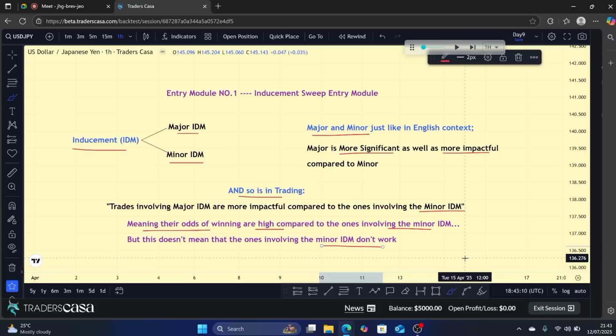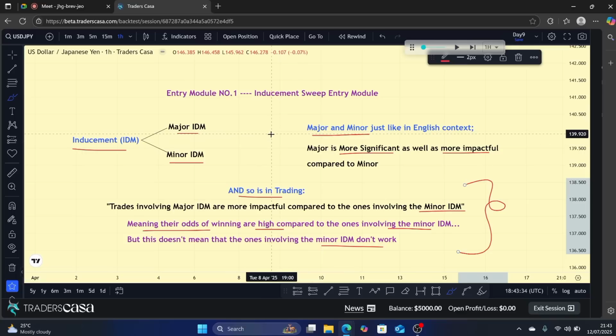And I just explained it here using an English context, that major is more significant as well as more impactful compared to minor. So this explains why the trades involving the major inducement are more impactful and have higher odds of winning compared to the ones that involve the minor inducement.